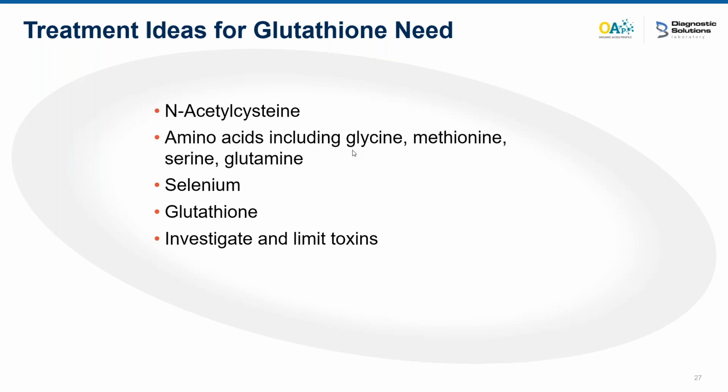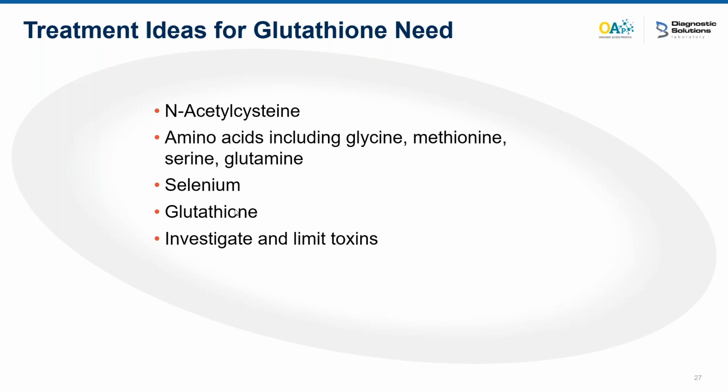I mean, glutamic acid does help make glutathione, but of course it's not always an amino acid of choice because it sometimes doesn't have great effects. But glutamine can help build glutathione instead of glutamic acid. Selenium is that cofactor that is so important, and you can give glutathione itself, right? Liposomal glutathione is very popular.